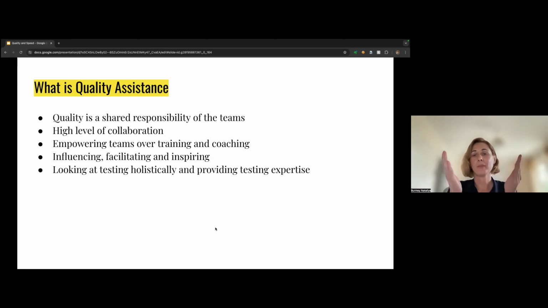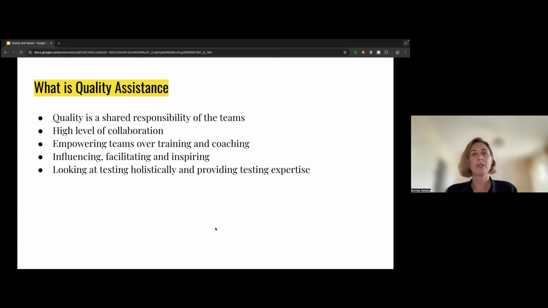You might look at them in a test column or ready for test, depending on what processes you have. Your role is now empowering the team and coaching them on how to do testing more effectively, in a more collaborative way, how to share what they do, how they test, and teaching each other, right?